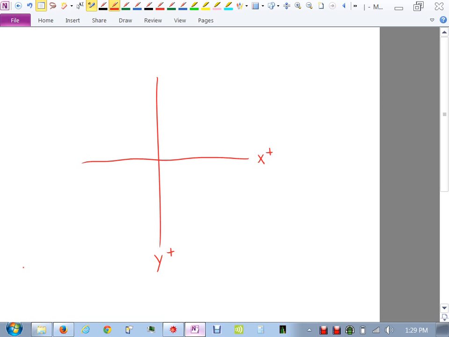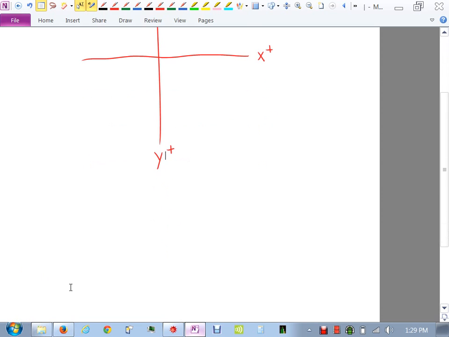It doesn't matter in 2D, and here's why. I could do it with a sheet of paper. Okay, this is what I drew up here, right? Positive x, positive y. We are used to seeing this. That's what we want to see.